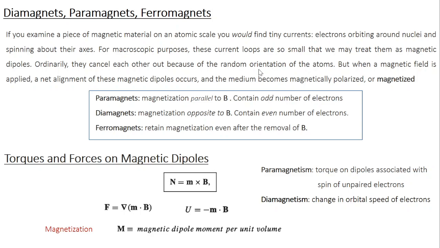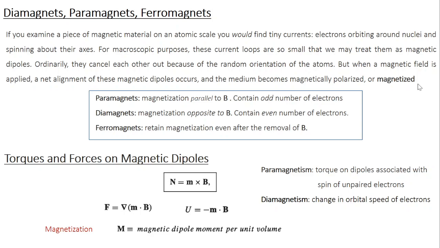So in normal condition they cancel out each other and you have zero net magnetism. But if you apply an external magnetic field, the dipoles get aligned in a preferred direction, and this results in what is known as magnetization, or you can say that the material is magnetized.